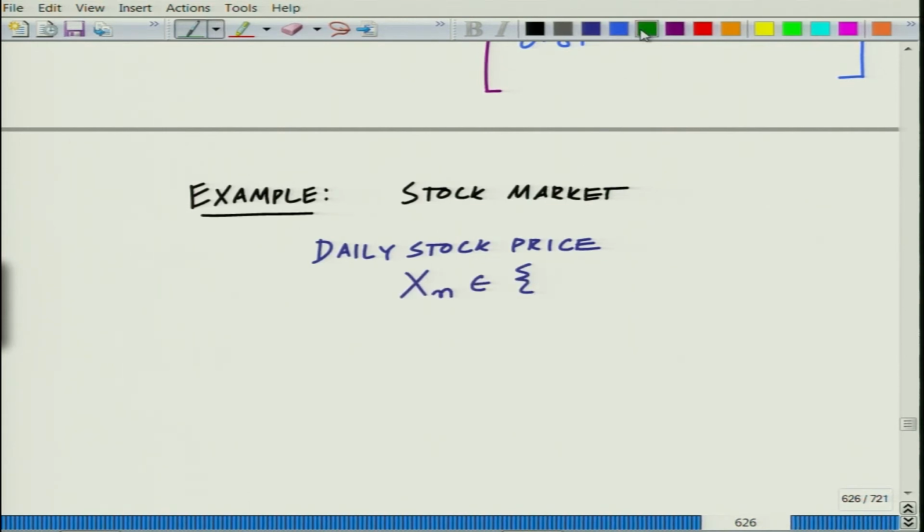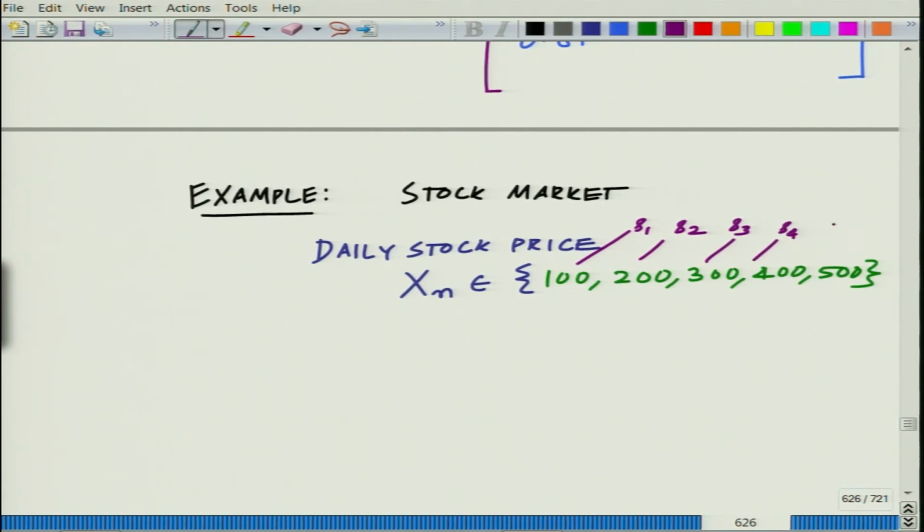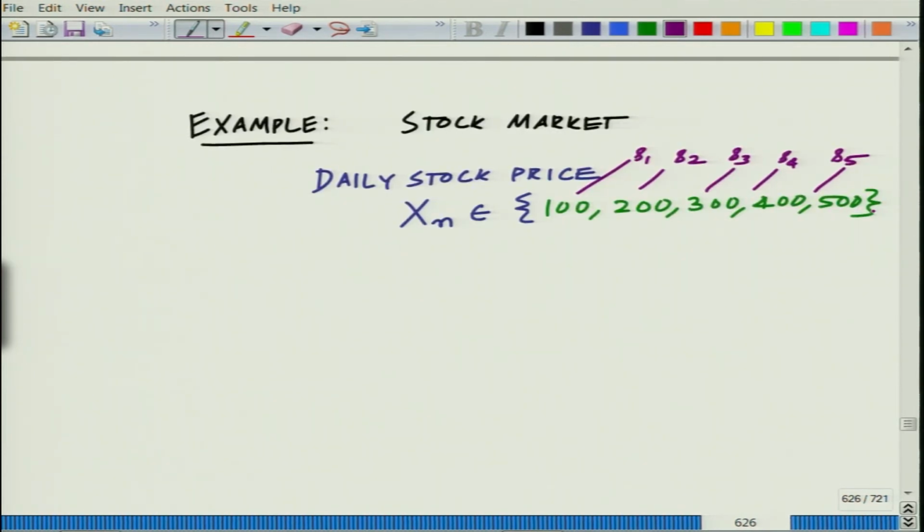Let us consider a simple example, although you can build more complex examples starting from this. The price can be 100, 200, 300, 400, 500, and let us call these states S1, S2, S3, S4, S5. Each day we monitor the stock price, either at the beginning or at the closing.